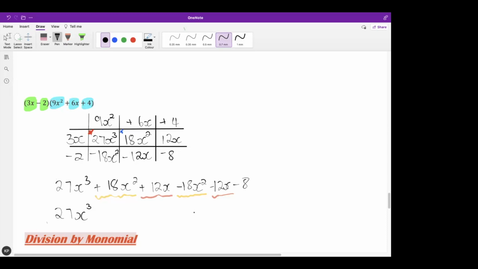Is it necessary that I write the 0? No, it isn't. So all I know is that my x squares are gone. They canceled each other out, right? Moving on to x. 12x minus 12x. That's also 0. And it's also not necessary for me to write it. So I'm just going to indicate here that they've canceled each other out. So which one is left? It's just the minus 8. So all of that work just to be left with 2 terms.